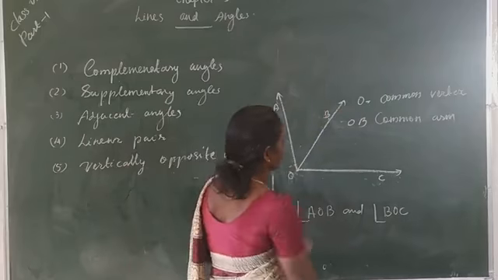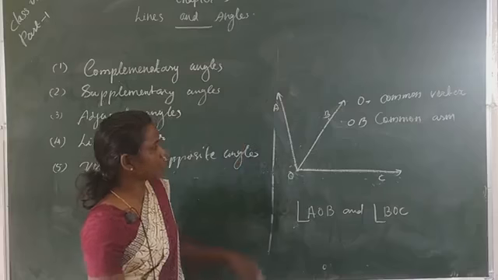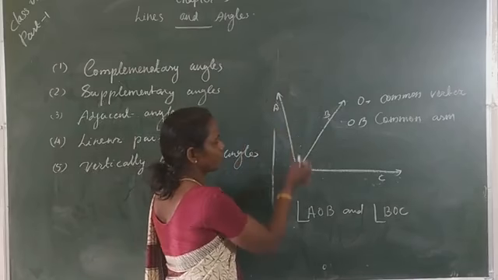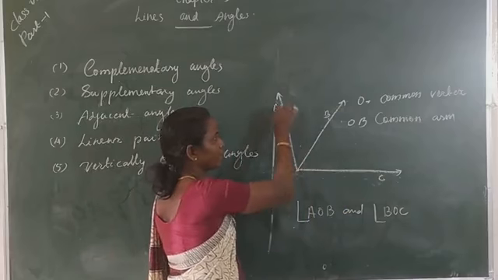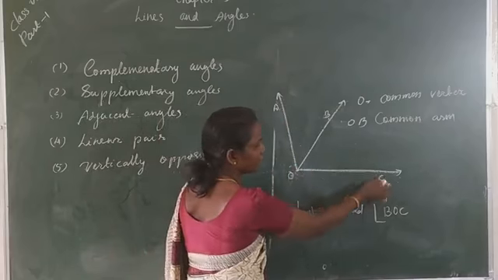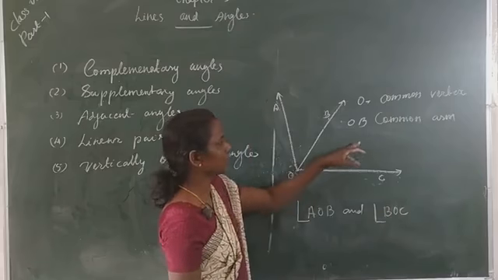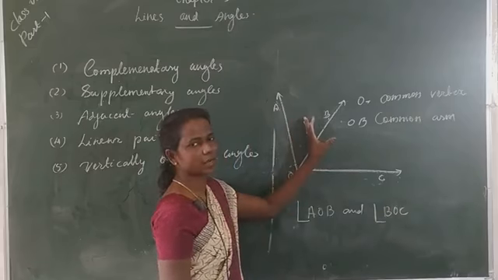And the other two arms, which are the other two arms? OA and OC. OA and OC lie on either side of the common arm.